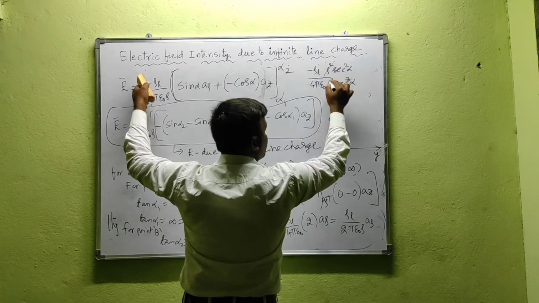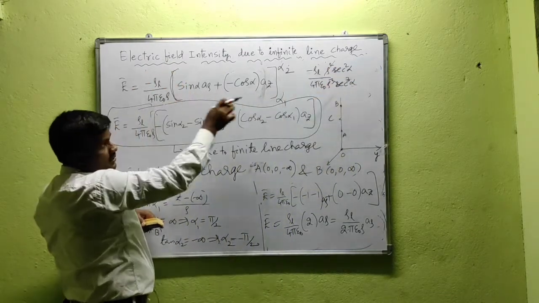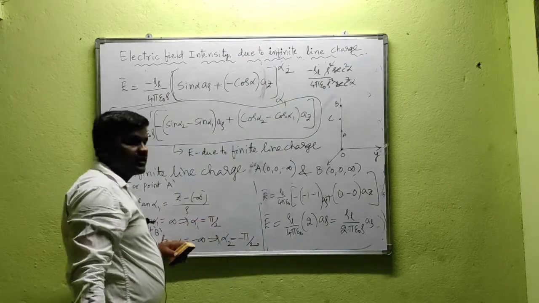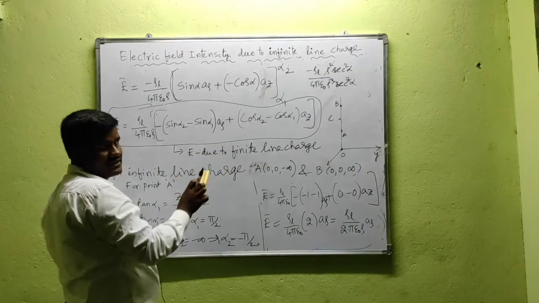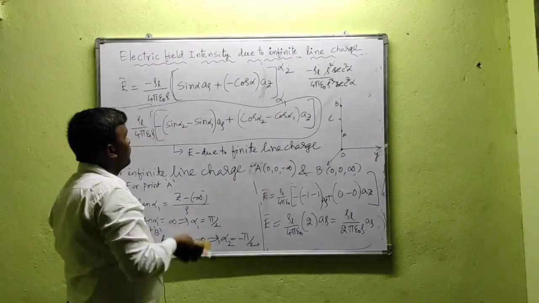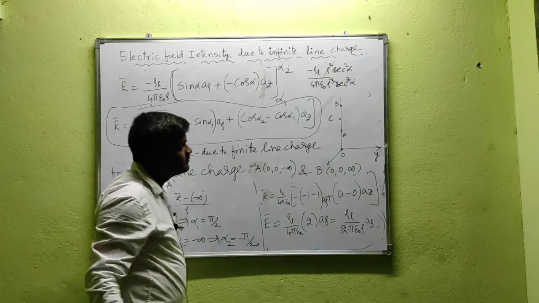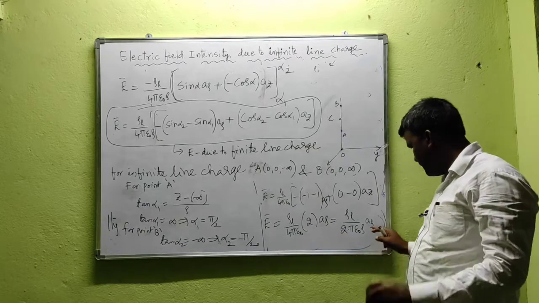This rho square, this cube cancelled out. I forgot to write this part, so basically that is 1 by rho, 4 pi epsilon rho. Sorry for that one. Basically here we have rho. Please refer that expression. It is my mistake only. We have definitely here rho. Now rho L by 2 pi epsilon rho a rho.